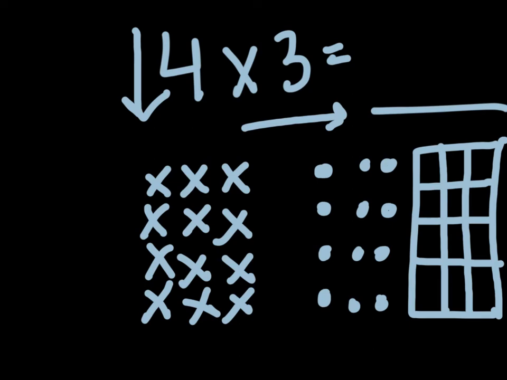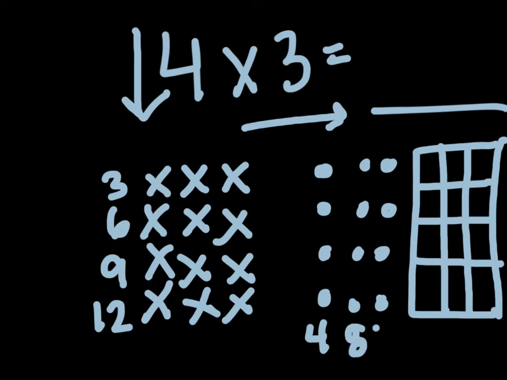And then again, you're just going to count. You're going to count the numbers to see how many you have. So you can count by 3s if you want: 3, 6, 9, 12. You can count by columns, which would be 4, 8, 12.